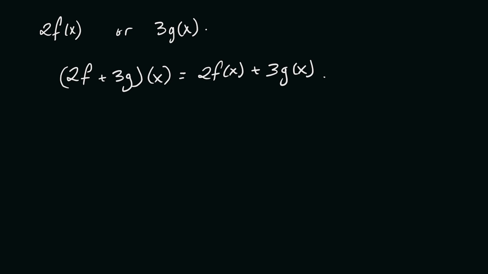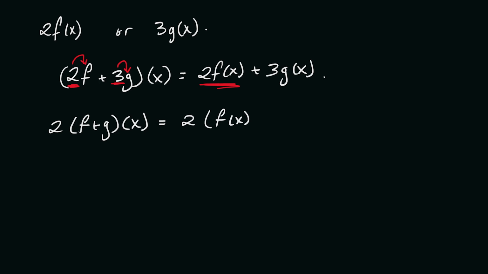So in this case, the reason why we put the 2 at the f of x, right, is because the 2 in the beginning is for the f of x. So it's only multiplying the f of x. Now the 3 here is only multiplying the g of x, right? Now it would work differently if it was like 2 times f plus g of x, right? Then that would be worked differently. Then that would just equal 2 times f of x plus g of x, right?